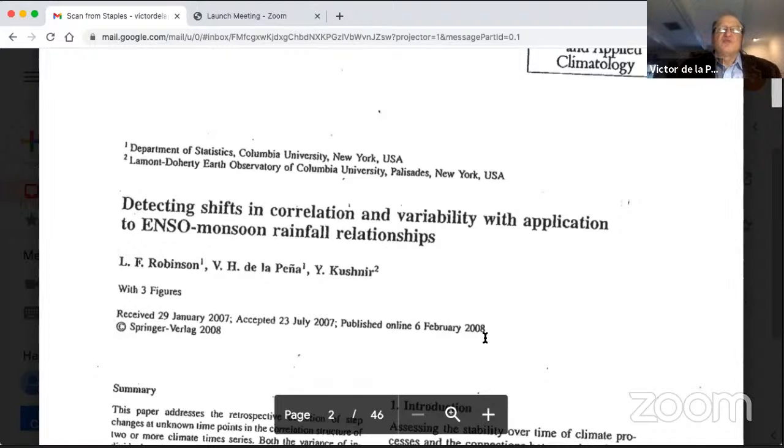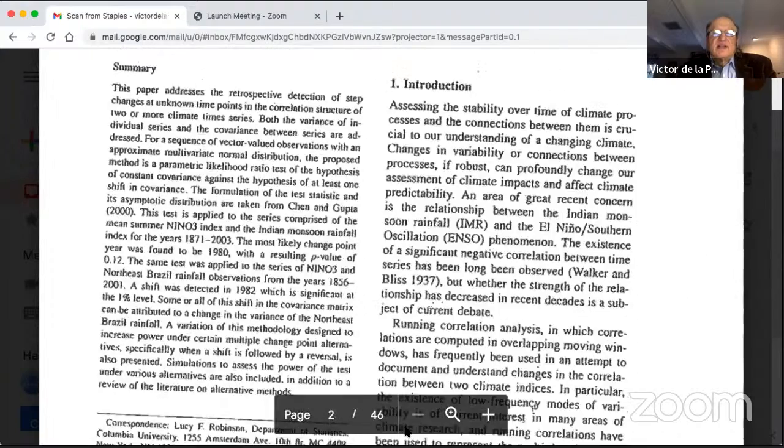As we all know, the correlation coefficient is the most widely used measure of dependence. We did this several years ago, and it had good acceptance. It has been widely cited.